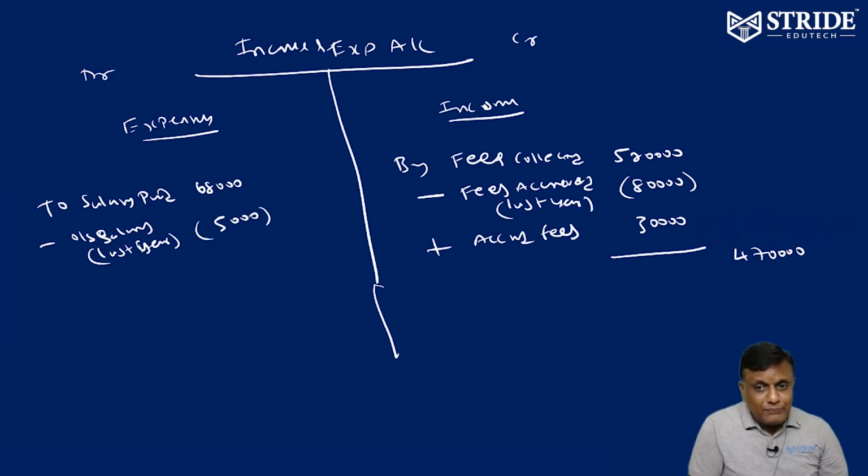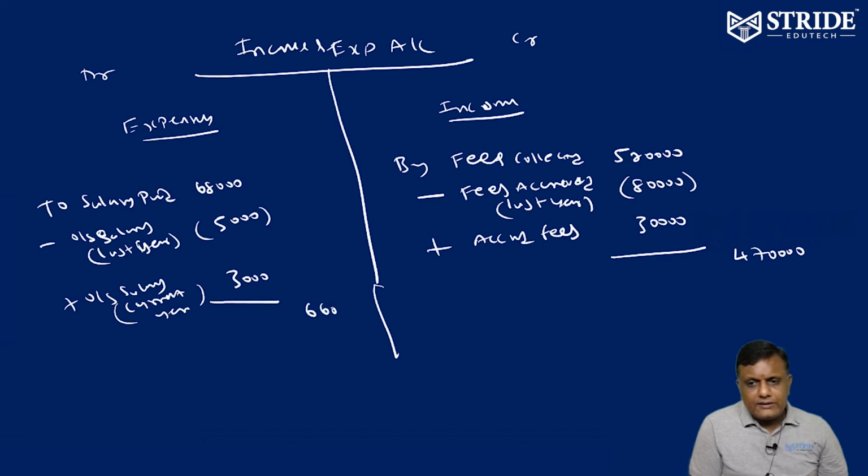This is not current year salary, so we have to adjust. Outstanding salary for current year, 3,000 to be added. So the final answer, 66,000, we can recognize as expenditure.